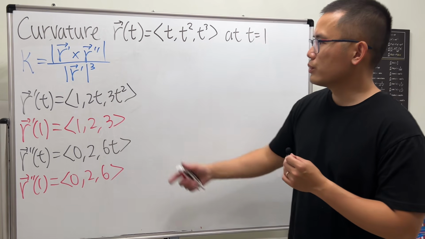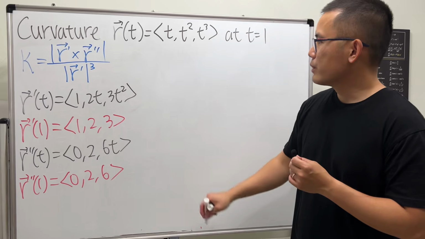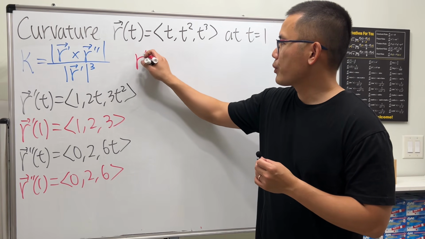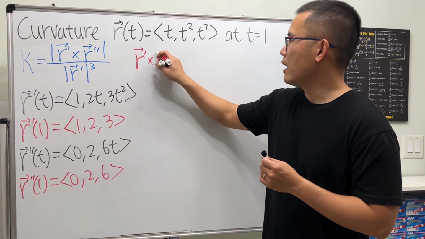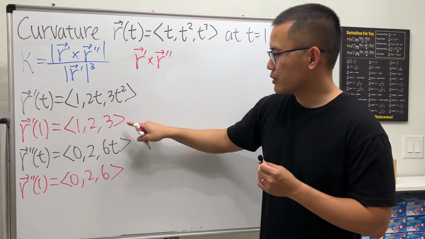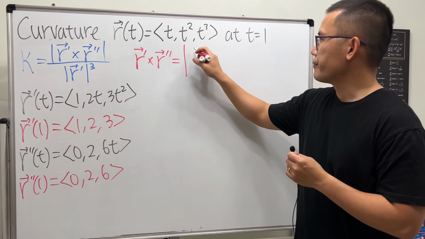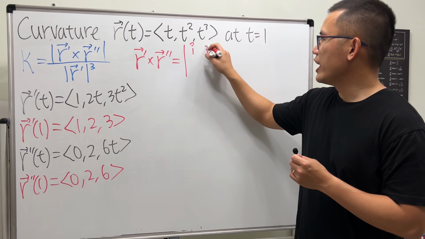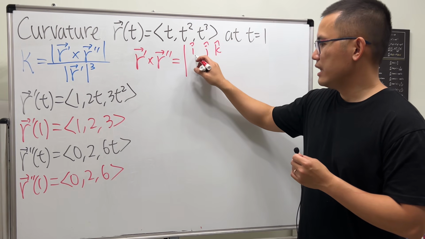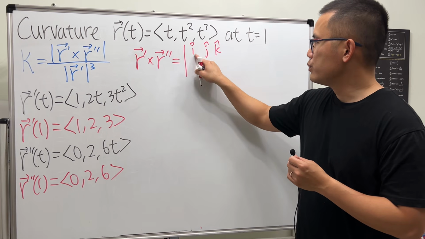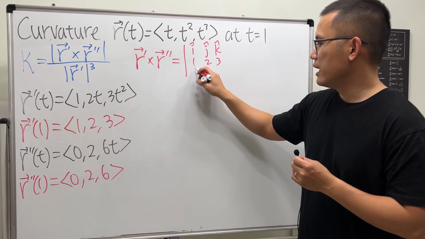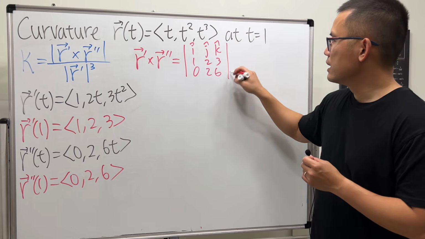Let's do the cross product next. I am going to write it down right here: r prime cross r double prime. So this is going to be i, j, k, then 1, 2, 3, and then 0, 2, 6.